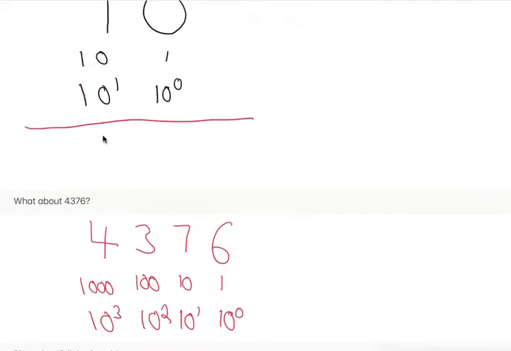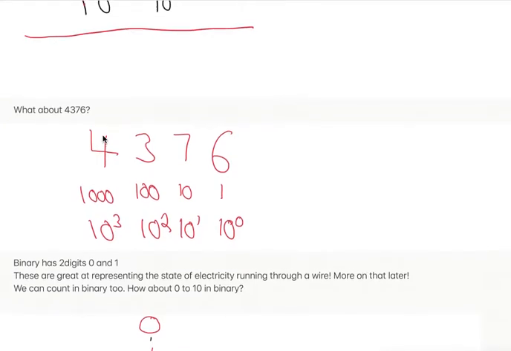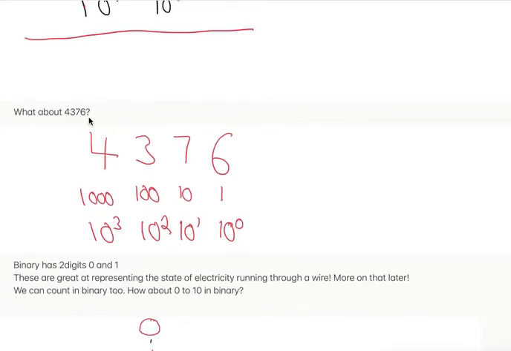Well, let's keep going in that direction. What about 4,376? Well, we have 6 ones, 7 tens, 3 hundreds, and 4 thousands. Why? We have 6 ones because the first column is the 10 to the 0 or the ones column.